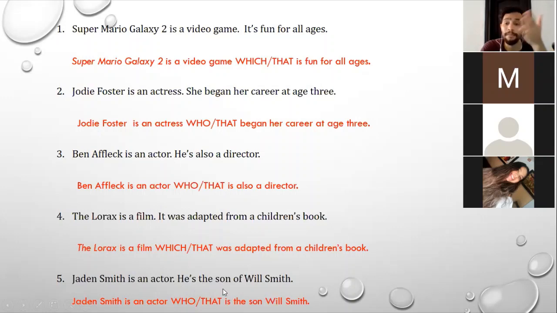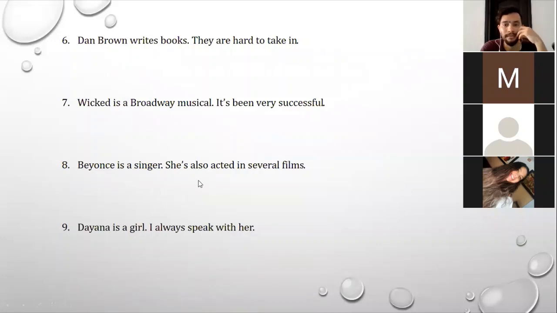Now, is this subject or object? Subject. All right, defining or non-defining? Defining. Good. Now, we have the last ones. Dan Brown writes books.